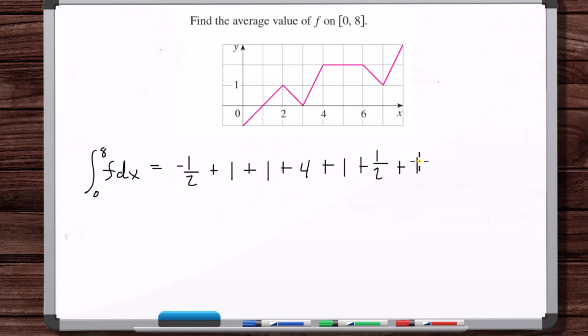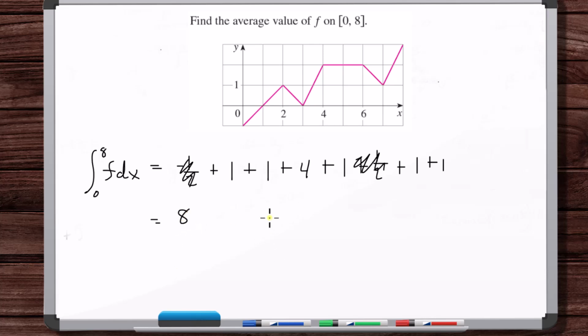Plus 1, and then the area of this triangle is 1/2 base times height, so this is going to be 1, just like this. All right, so minus 1/2 plus 1/2 is 0. 1 plus 1 is 2. 2 plus 4 is 6. Plus 1 is 7. Plus 1 is 8.